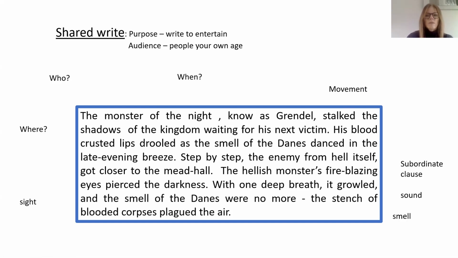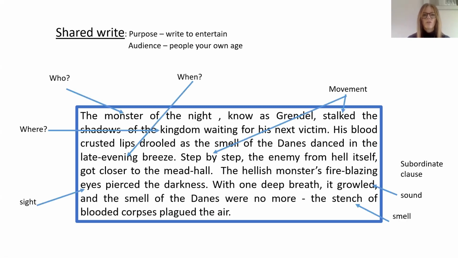What noise does he make? And smell. Can we smell anything? Can you bring your writing to life by imagining that there is a smell or a stench going on? Okay, if you pause the video if you want to, see if you can find evidence of those things in the shared write here.